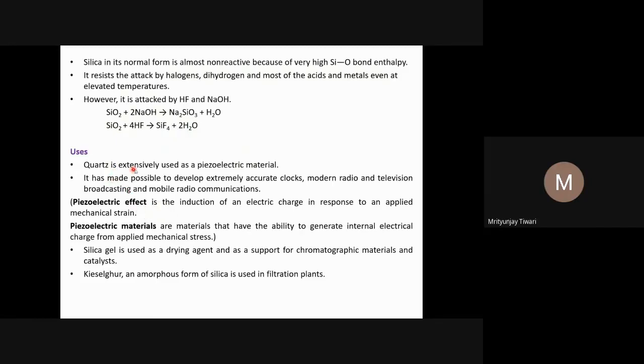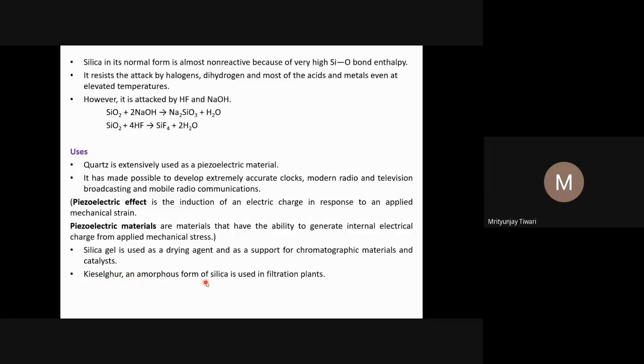So quartz is extensively used as a piezoelectric material, and it has made possible the development of extremely accurate clocks, modern radios and televisions, broadcasting and mobile radio communications. Silica gel is used as a drying agent and as a support for chromatographic materials and catalysts.